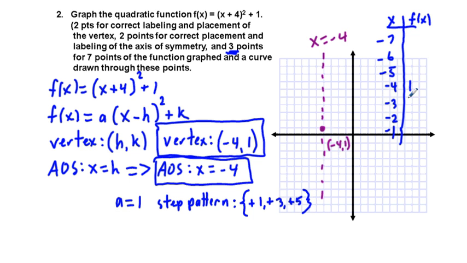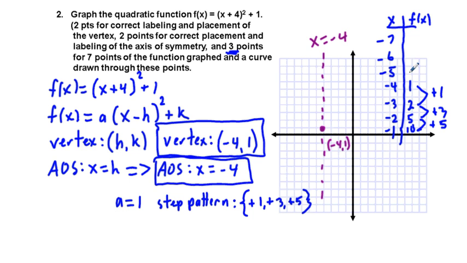So 1 plus 1 is 2, 2 plus 3 is 5, and 5 plus 5 is 10.